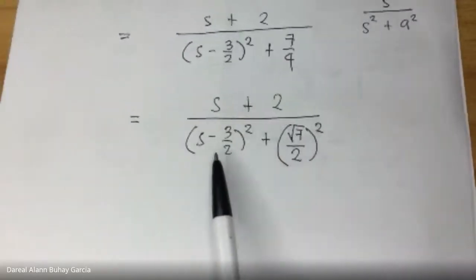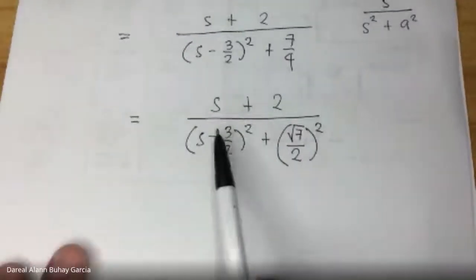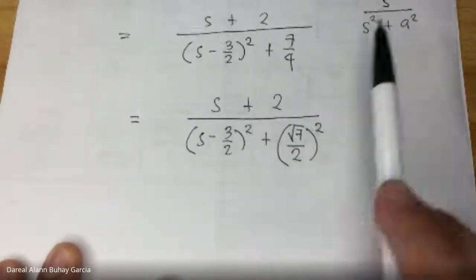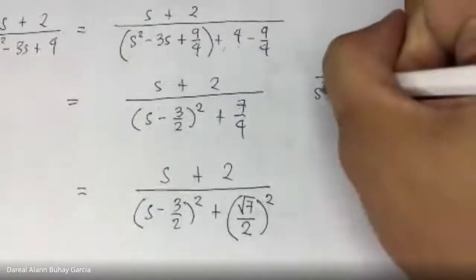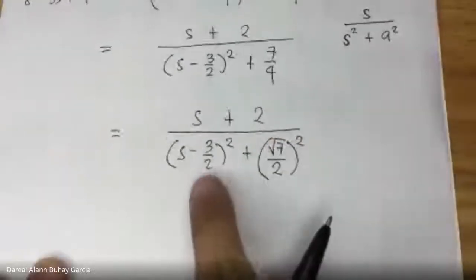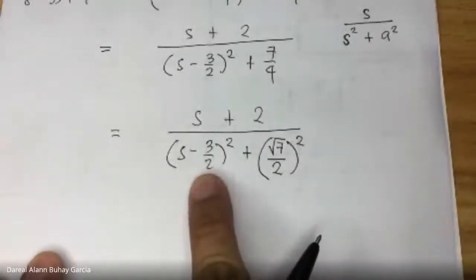Notice, ang atong S, notice sa silong ha, ang atong elements, sulod sa S, is dili S, but S minus 3 halves.